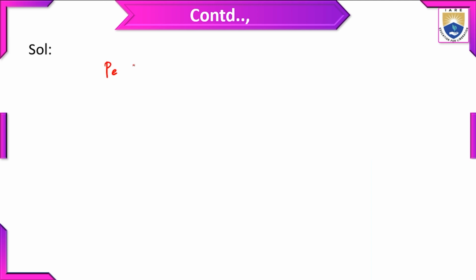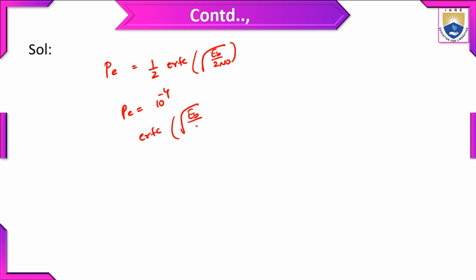Probability of error is equal to 1 by 2 erfc of square root of Eb by 2N0. Probability of error is equal to 10 power minus 4. So erfc of square root of Eb by 2N0 is equal to 2 into 10 power minus 4.